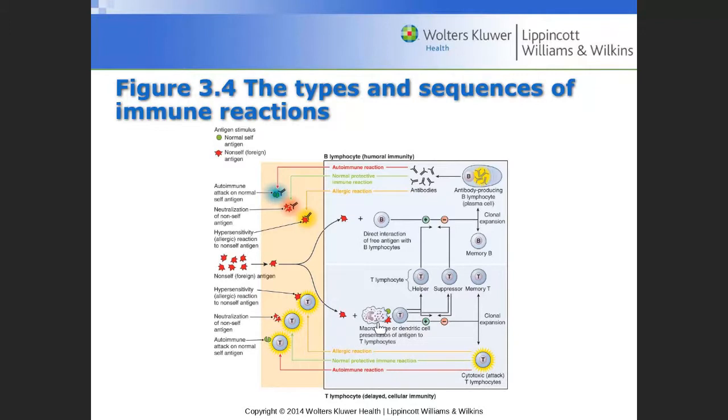It only recognizes it in the context of the antigen presenting cells. So the antigen presenting cells are these right here who present the antigen, which is a little red dot or little red star, to the T cell. So the T cell can only see this particle if it's part of the antigen presenting cell.